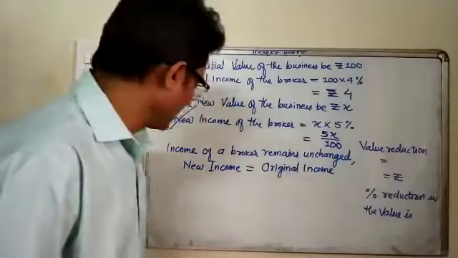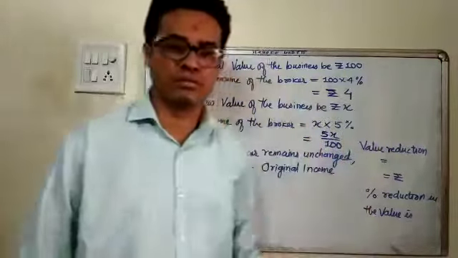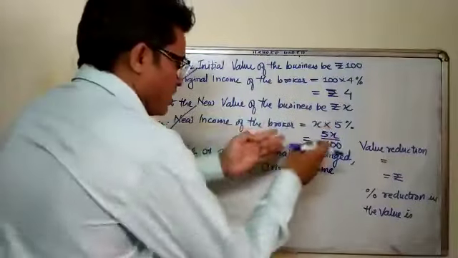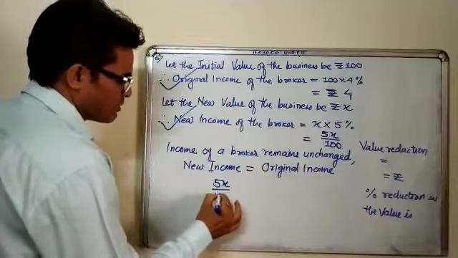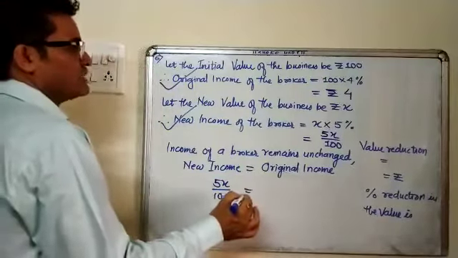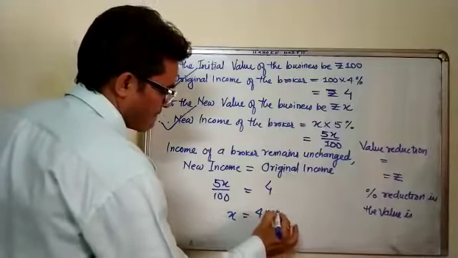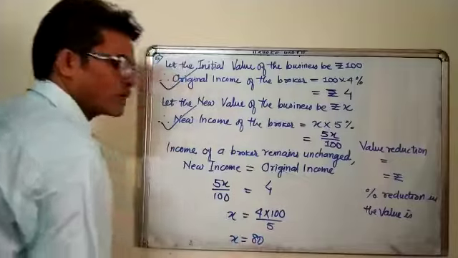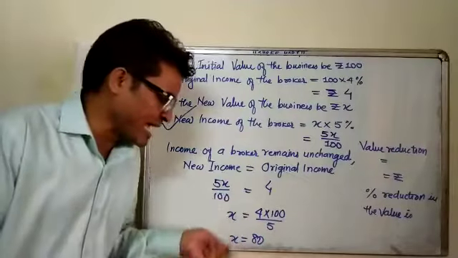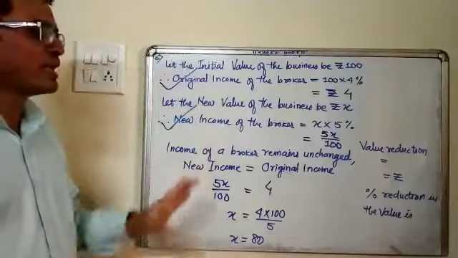As per the question, income of a broker remains unchanged. So what is the new income? 5x upon 100. What is the original income? 4. Okay, so we got x as 80. So what is x here? X is the new value.